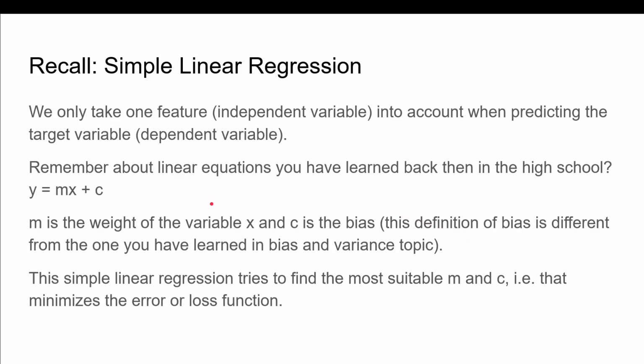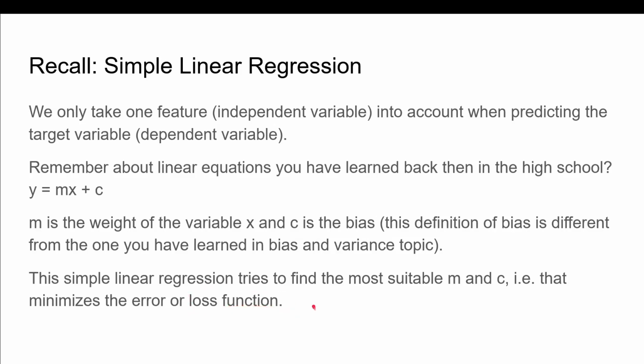In simple linear regression, we are tasked to find the most suitable m and c that minimize the error, or the loss function. We want to minimize this loss function so we can do an optimization task. If you still remember the numerical analysis topic on gradient descent and optimization, it is actually used in linear regression.